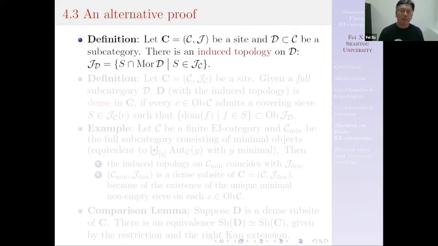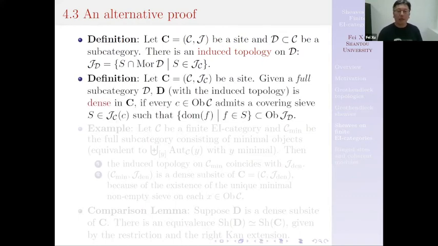When the subcategory meets some nice conditions, you can actually have some reduction. Here I have to use another, slightly awkward, notion of dense, which is not the dense we saw before.